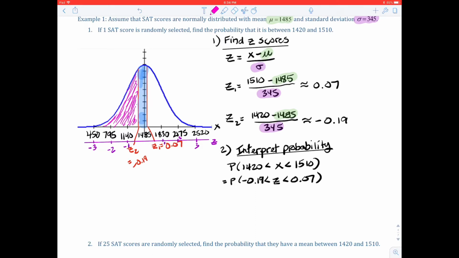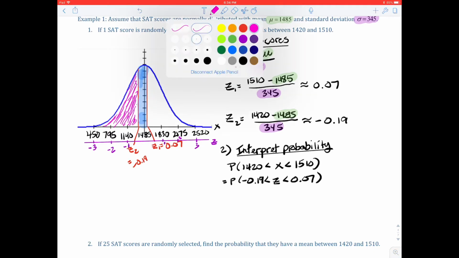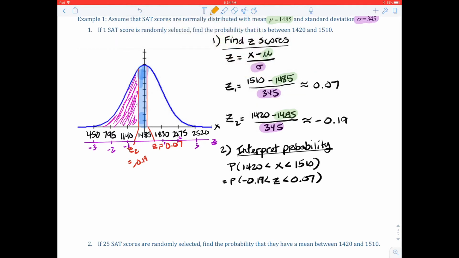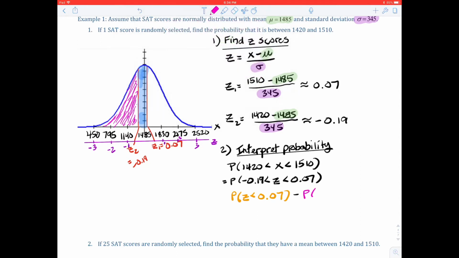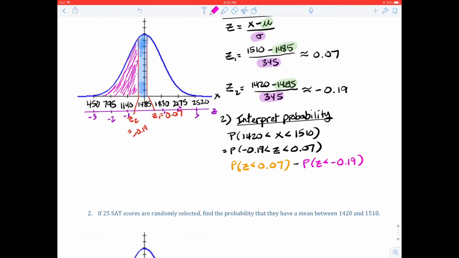So here, what we're doing is we're finding different probabilities. So we're finding the probability that Z is less than 0.07, and from that we're subtracting the probability that we just pictured, which was that Z was less than negative 0.19. So we found this one to be, what was it, 0.4247, I think, right?